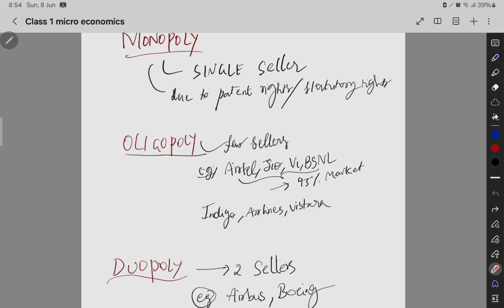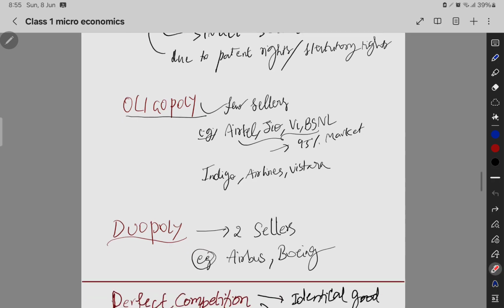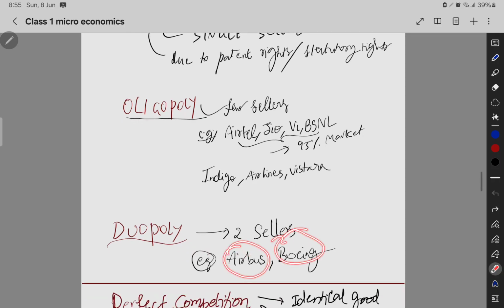Only these three companies are operating over the entire 95% of the aerial sector. And in duopoly, there are only two sellers. For example, Airbus and Boeing. These are the only two companies, the largest aircraft manufacturing companies.